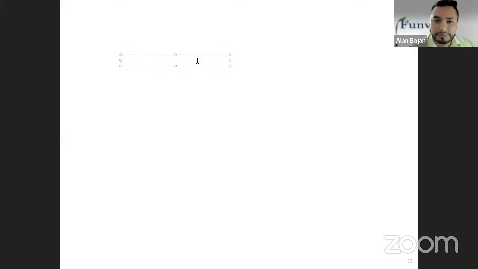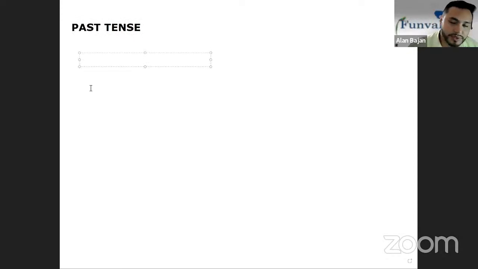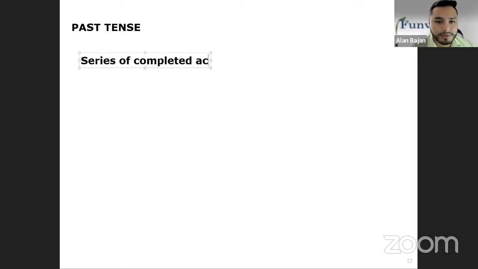Let's learn about past tense. So, past tense, we use it for different and specific situations. We have a series of completed actions.